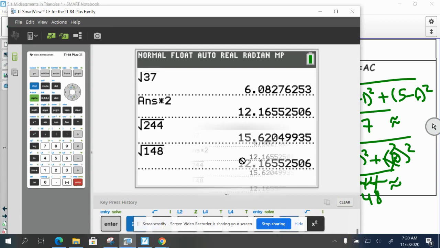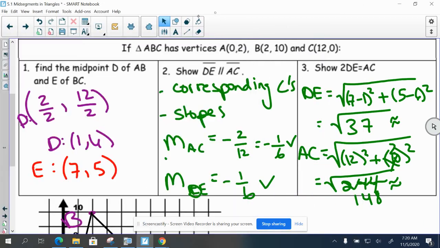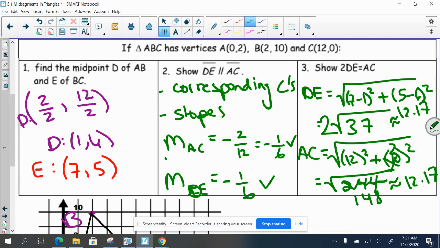Okay, there we go. So these two match up to 12.165. If you multiply it by 2, you get 12.17, and then this is 12.17. All right, so sorry about that.